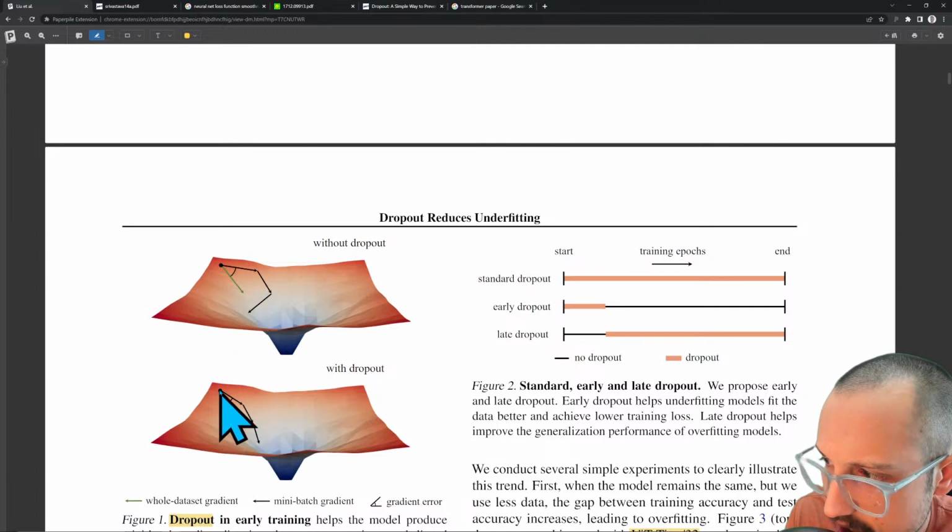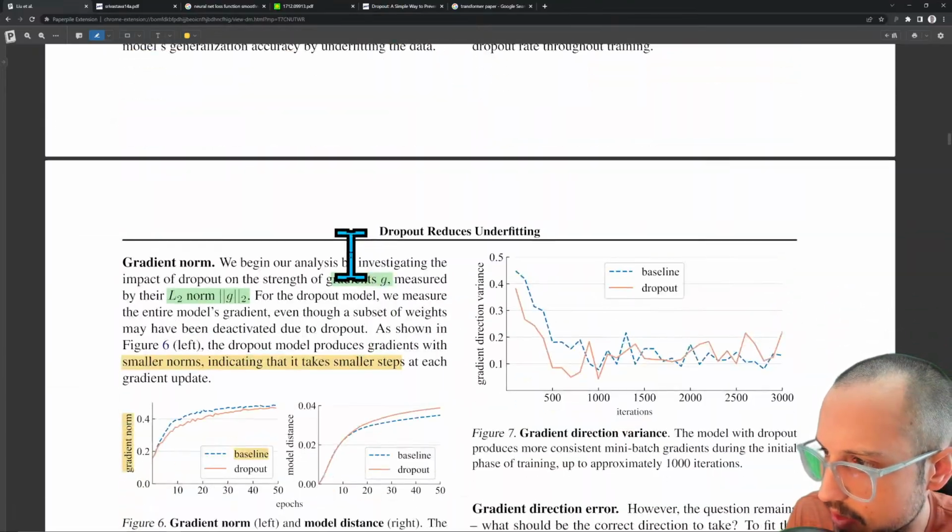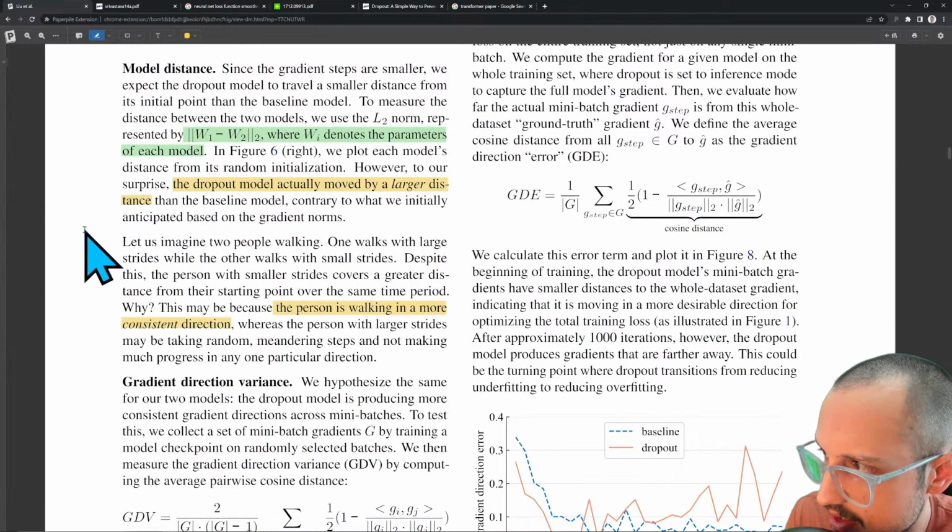And even if you take smaller gradient steps, as is the case here with dropout, you can travel a farther distance because it's more consistent. And thus the difference between the weights at 1 and the weights at 2 are going to be higher. I do like this analogy. This is a very nice little analogy here.